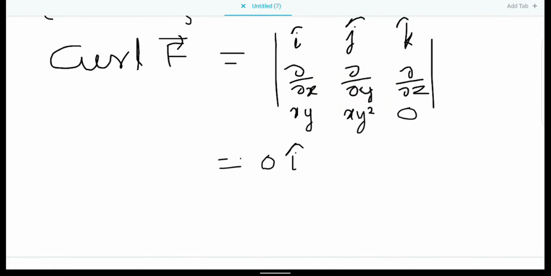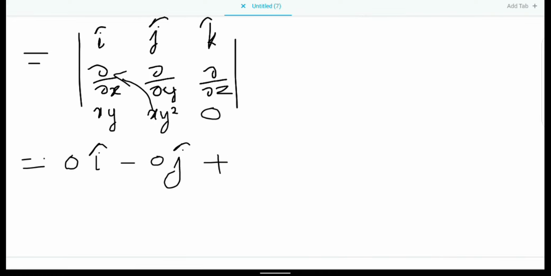So the j component is also 0. What about the k component? Del/del x of xy squared survives. The partial derivative of xy squared with respect to x is y squared only, since you treat y squared as a constant when differentiating partially with respect to x.